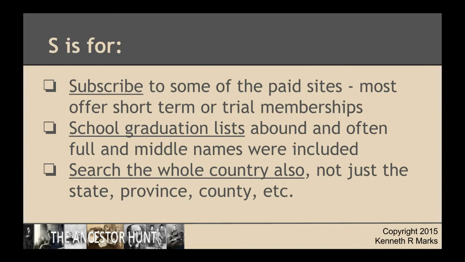But there's a lot of places that do not put in the middle name. And sometimes it is very, very important, especially when you've got a common surname. So check out those school graduation lists. You might find the middle name of one of your ancestors, and that will be useful for you to research later for other types of information.